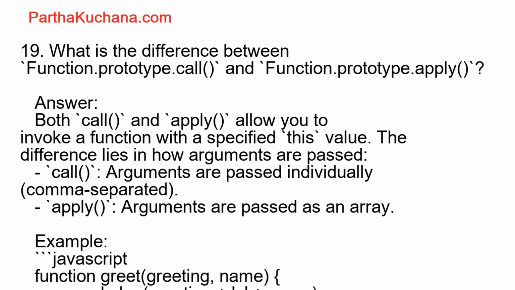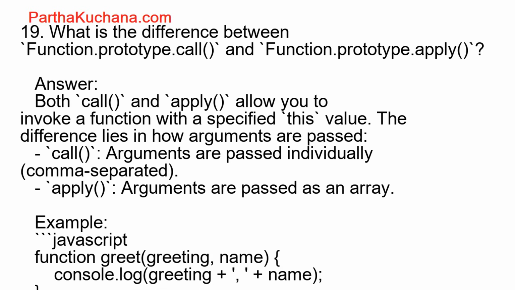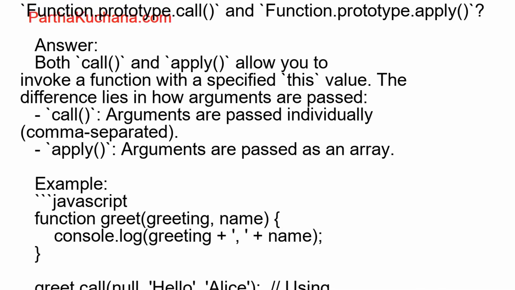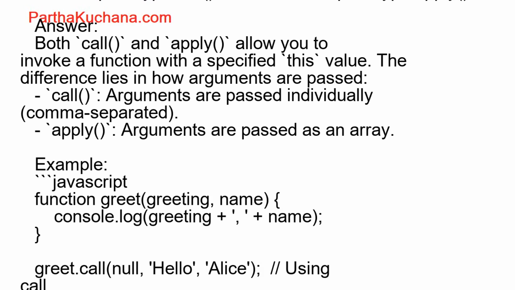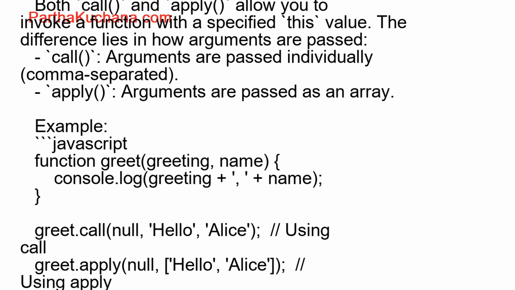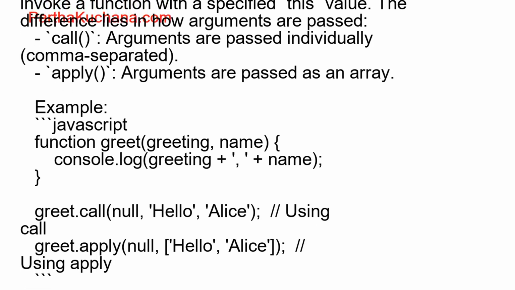Example, JavaScript. console.log(1 == "1"); // true, type coercion occurs. console.log(1 === "1"); // false, different types, no coercion.